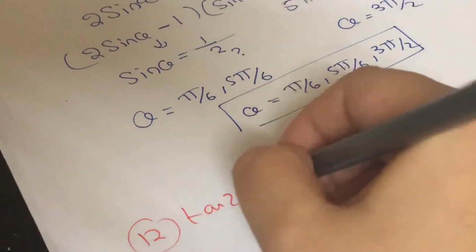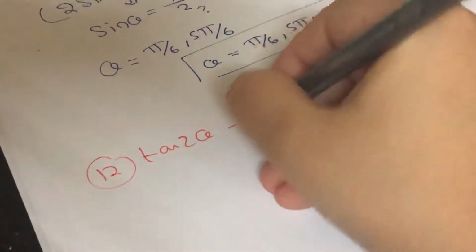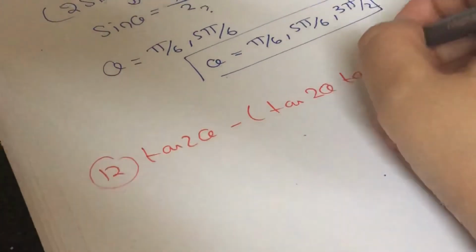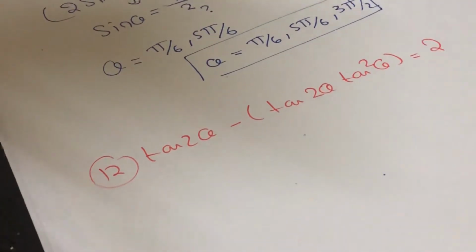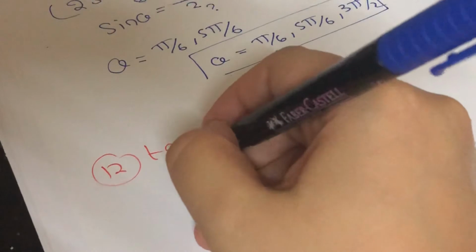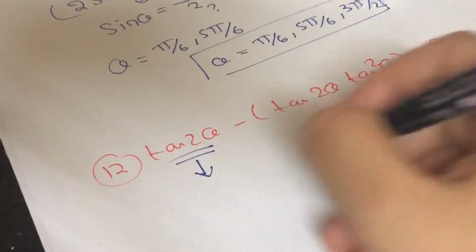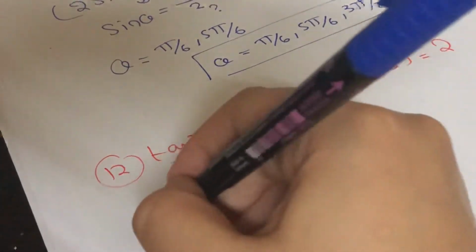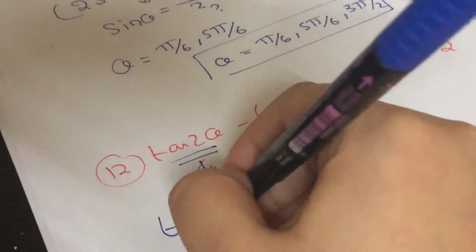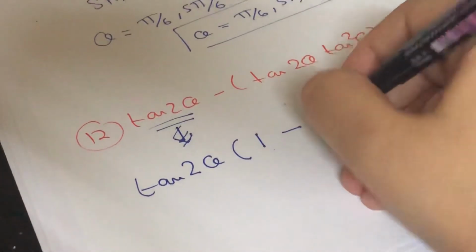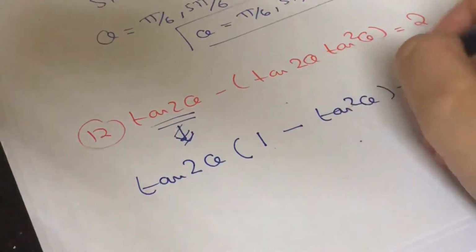Okay, another one, question number 12. Tan 2 theta minus, open bracket, tan 2 theta times tan squared theta, close bracket, is equal to 2. I would first take tan 2 theta as a common factor. This will be tan 2 theta times 1 minus tan squared theta equals 2.